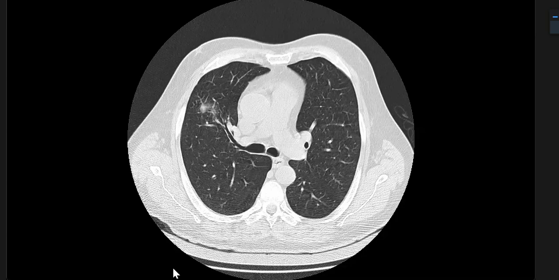I'm worried about this being maybe primary lung cancer, and there is septal thickening also noted here. I would like to check the whole stack of the imaging to rule out any lymphangitis carcinomatosis. My main diagnosis for this is primary lung cancer.